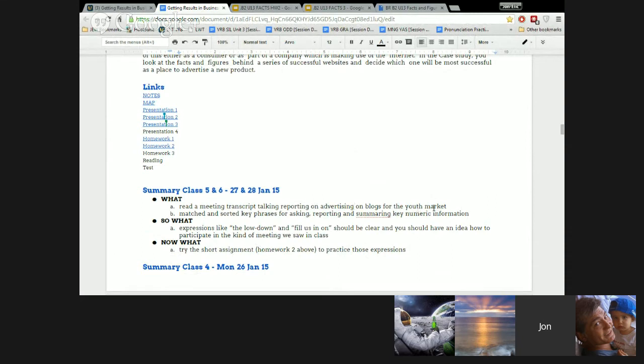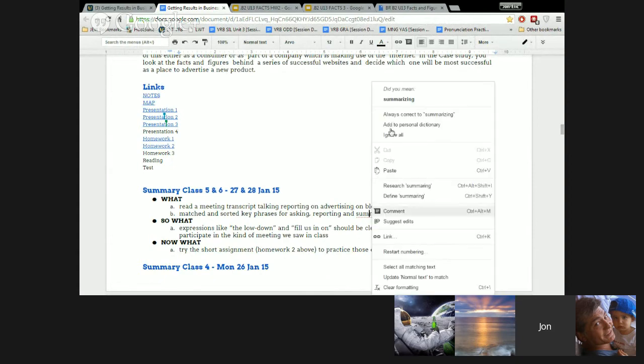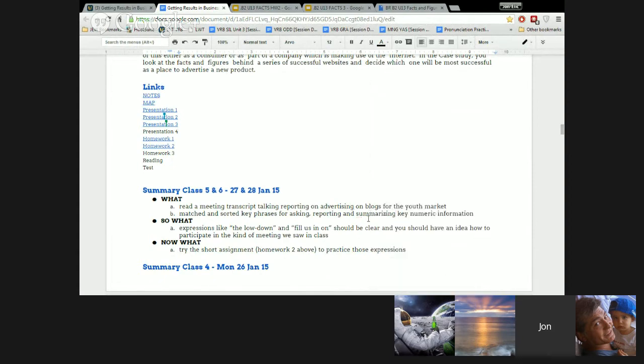They're trying to figure out where to focus their advertising. And they're trying to figure out where the next trend is. They're advertising for, I think, auto insurance, if I remember right. So we listened and we read. Then we matched and sorted the key phrases. Specifically, we were looking at asking, reporting, and summarizing numeric information. And we're going to review that in just a minute.